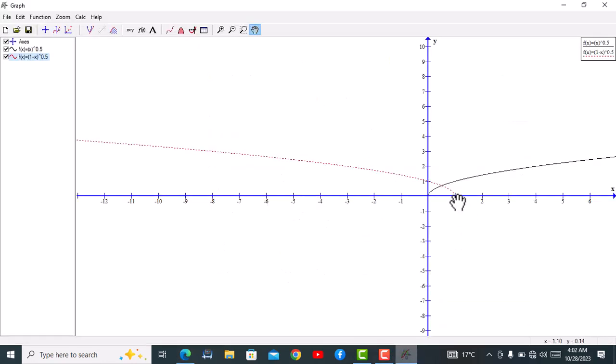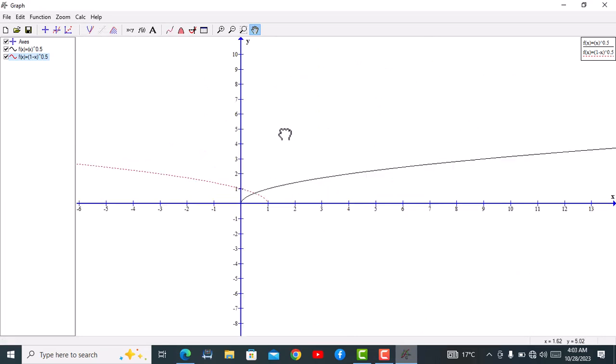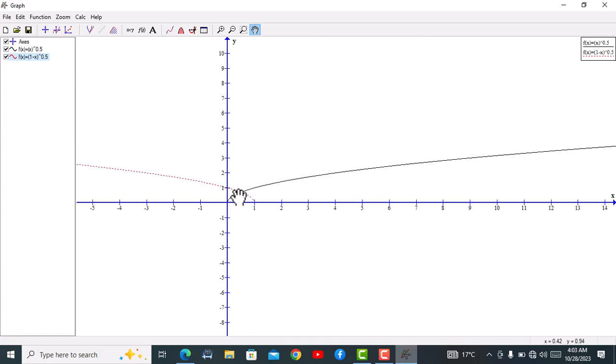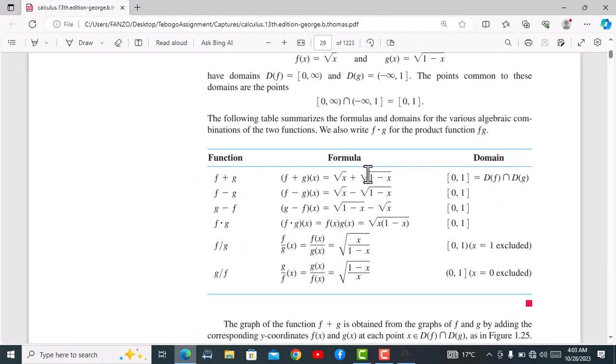This one, negative infinity to 1, and it is true. There it is. So we have drawn these functions correctly, but when it comes to the intersection, I honestly do not see this 0 to 1 as the domain of those functions.